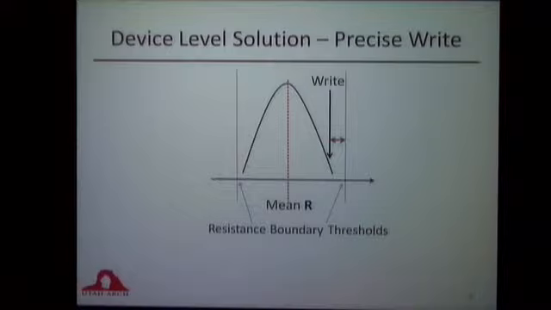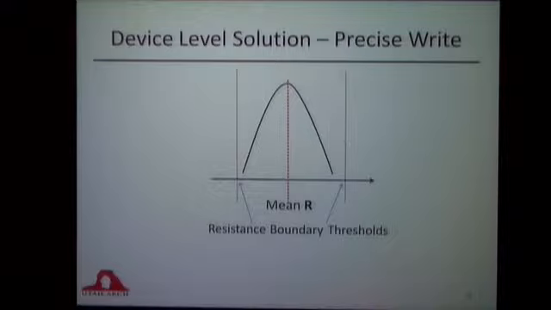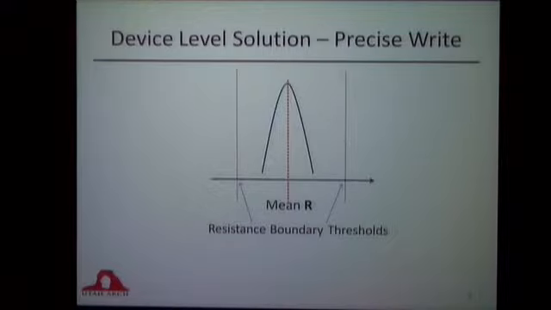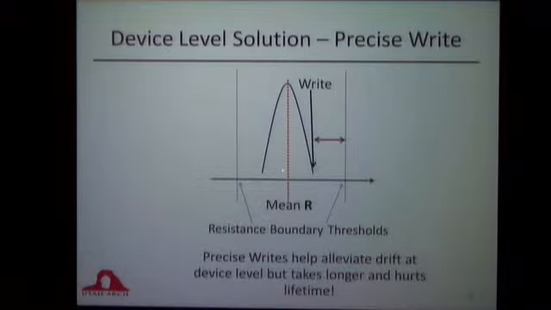Remember, as before, if the drifted resistance value crosses into the next bin, that is what we call an error. So what you need to do is make your writes more precise. That is, you decrease the amount of resistance range that your cell can be programmed into. In this case, even your worst case write has a larger distance to cover before it actually causes an error.